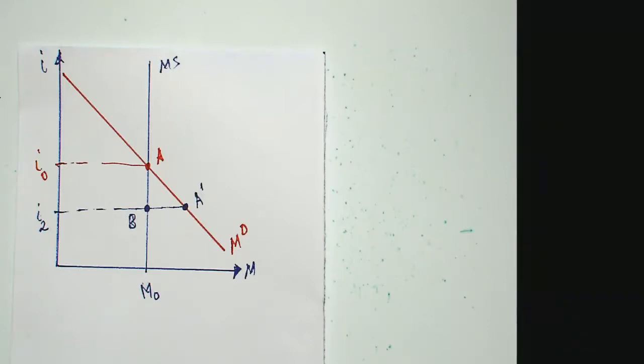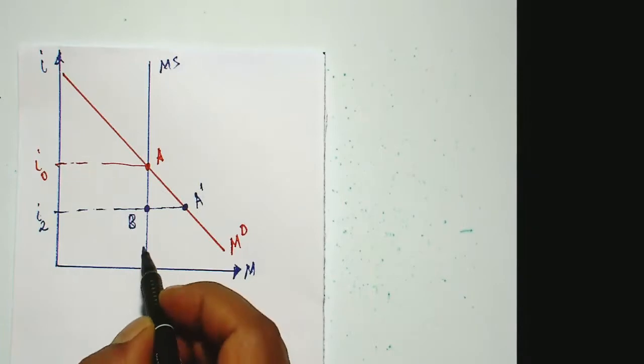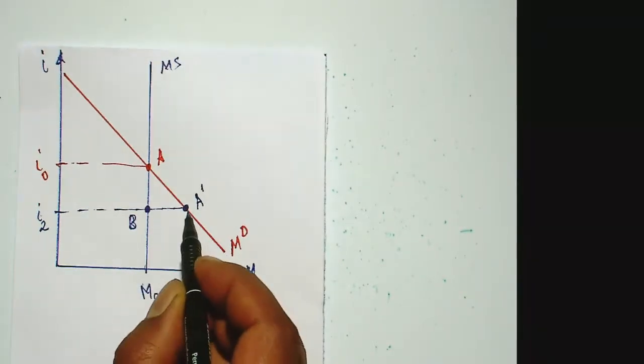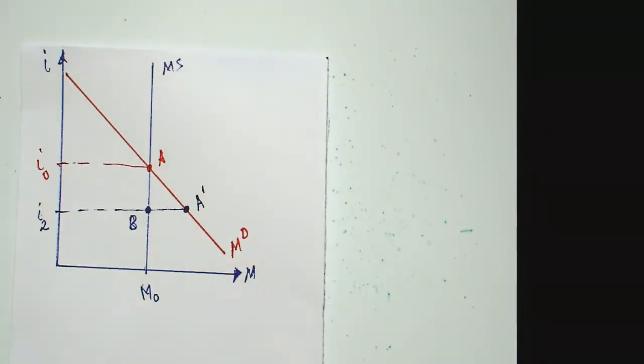So this is basically to say at a lower interest rate of I2, our money supply is lower than our money demand. If money supply is lower than our money demand, that is, in other words to say, there is a high demand for money.